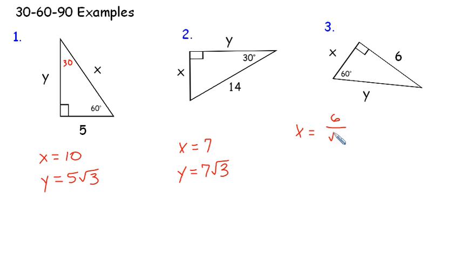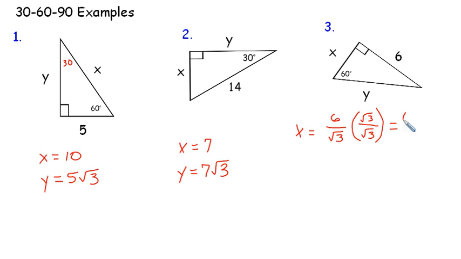Now, the problem with this is there's a radical in the denominator. So we must rationalize. That means get rid of the radical in the denominator. And we do this by multiplying by square root of 3 over square root of 3. Now it's okay to do this because that's like multiplying by 1. What we're doing is we're changing the form of the answer, but not the value of the answer.